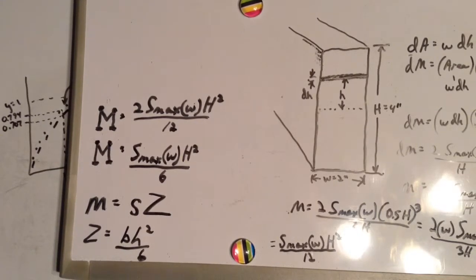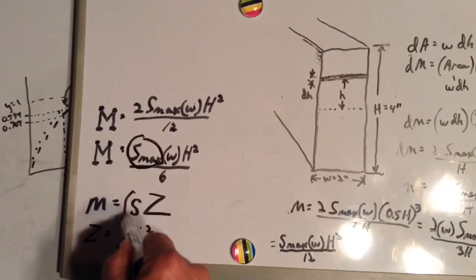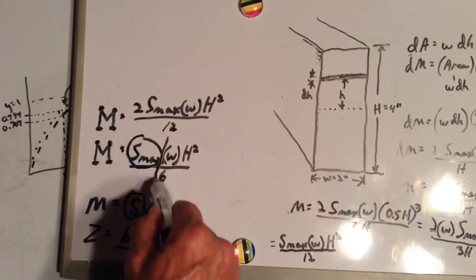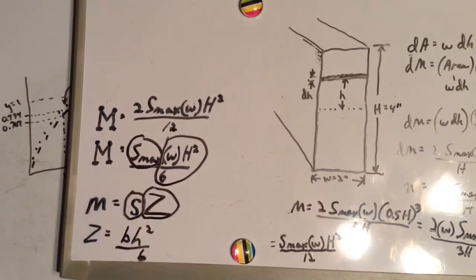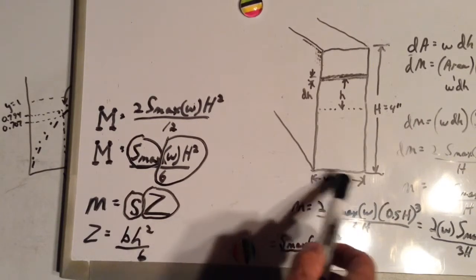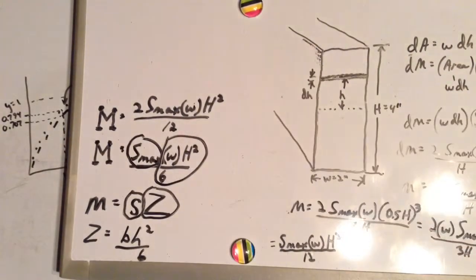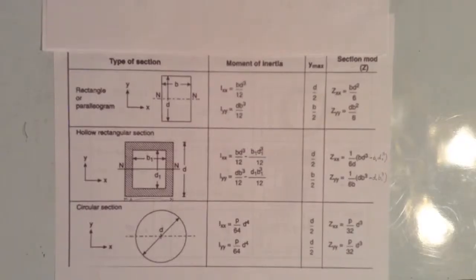So, as you can see, that stress max there is that, and that W times height squared over 6 is what our section modulus is for a rectangular beam, as we used the same formula earlier. Z equals BH squared over 6. I call it W this time. Width, base, doesn't really matter. That times that squared over 6 is your section modulus.